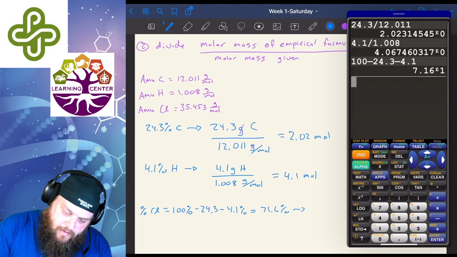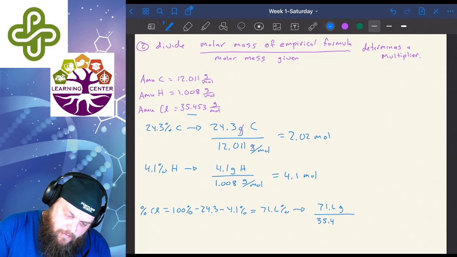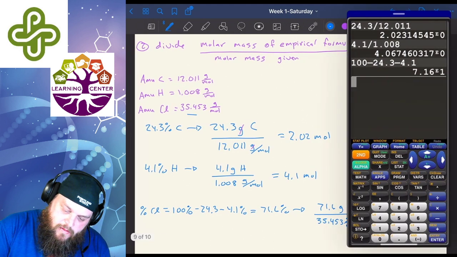So that infers a mass, 71.6 grams. Divide that then by our atomic mass, 35.453 grams per mole. This tells us the number of moles.